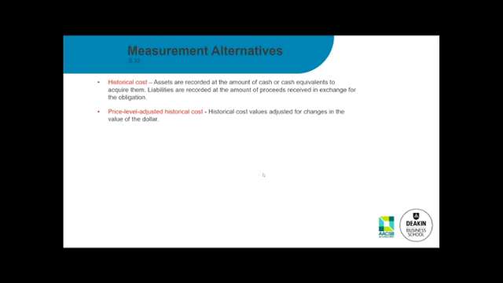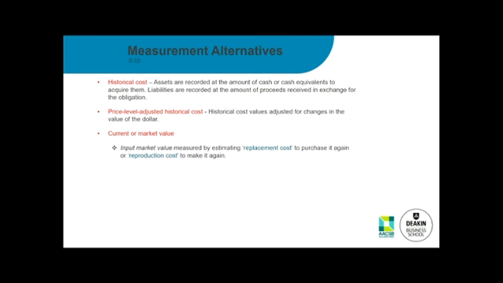Another one is the market value. Market value we do use. So the market value is what the item can be sold for in the marketplace. And we use that when we're comparing our inventory, for example. It has to be at the lower of cost or market, and that's because of the conservatism laws.